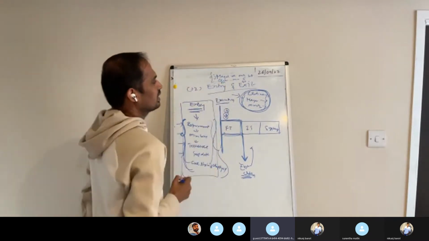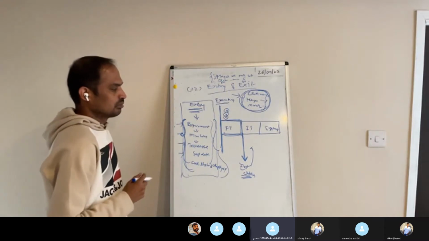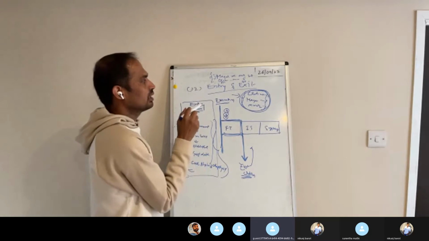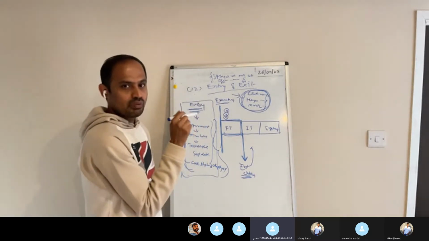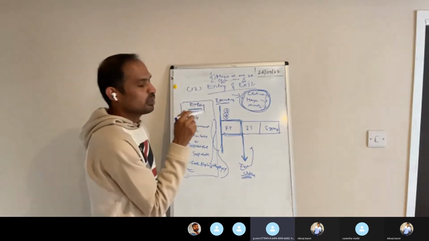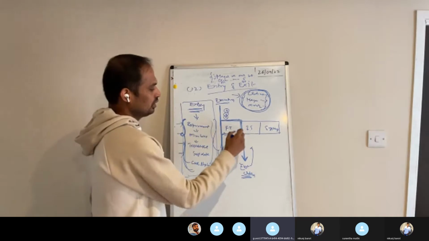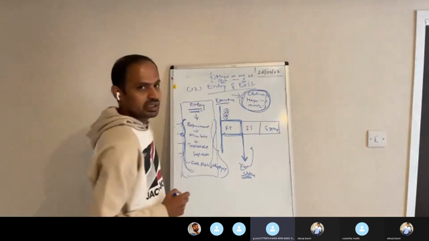This is the exit criteria for functional testing. There should not be more than 20 major defects, not more than 5 critical defects, and not more than 40 minor defects. Then only we can go for integration testing.